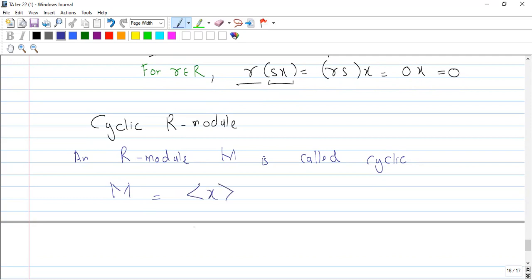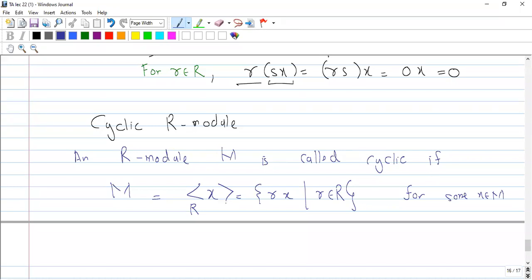And what is the meaning of this? That if I take an element x in M and generate a submodule, as we saw earlier, with the help of an element I can always generate a submodule. If the submodule generated by x, which contains all scalar multiples of x, is equal to M, then I will say that M is a cyclic R module.